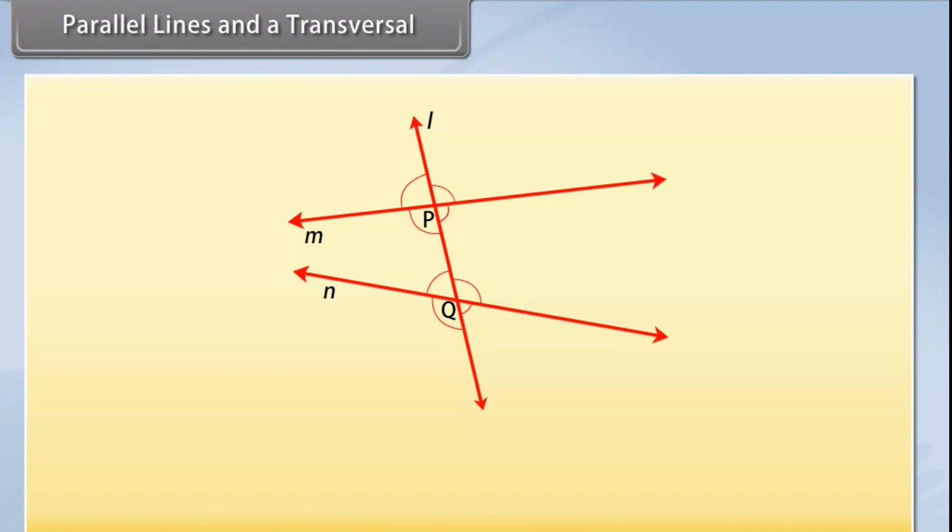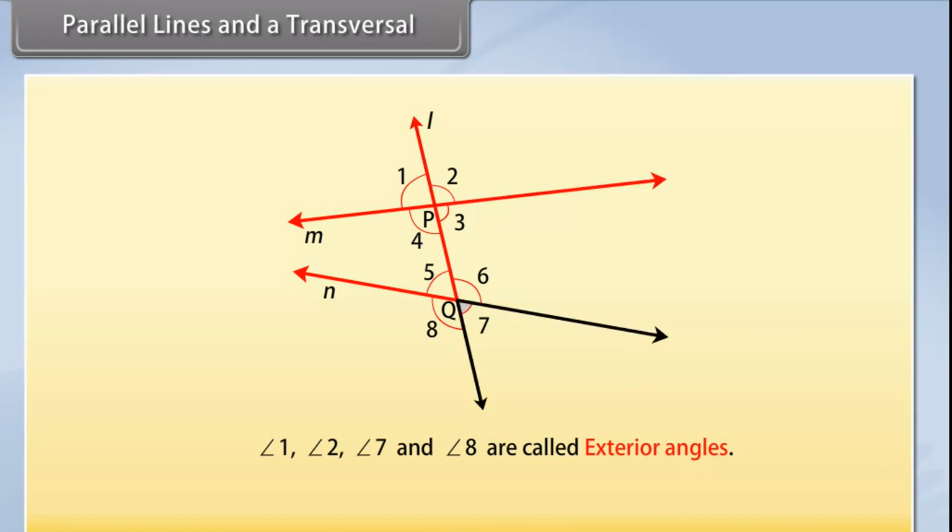Let us name these angles as angle 1, angle 2, angle 3, angle 4, angle 5, angle 6, angle 7, and angle 8. Angle 1, angle 2, angle 7, and angle 8 are called exterior angles, while angle 3, angle 4, angle 5, and angle 6 are called interior angles.